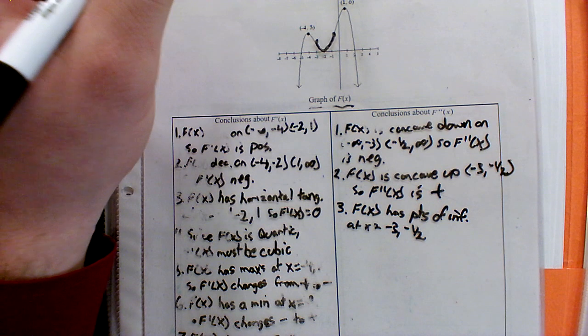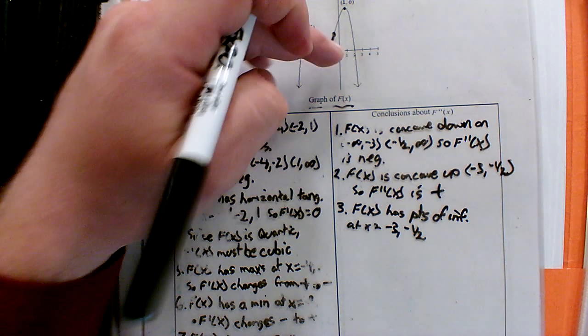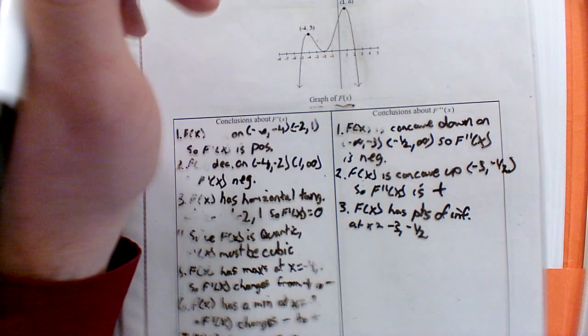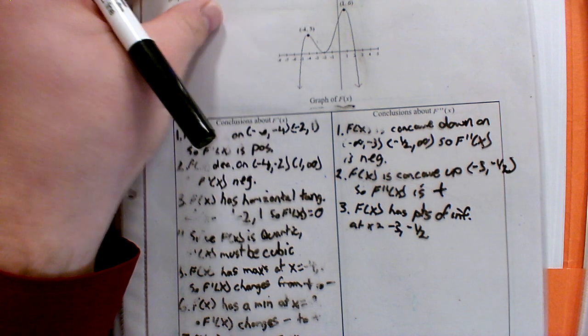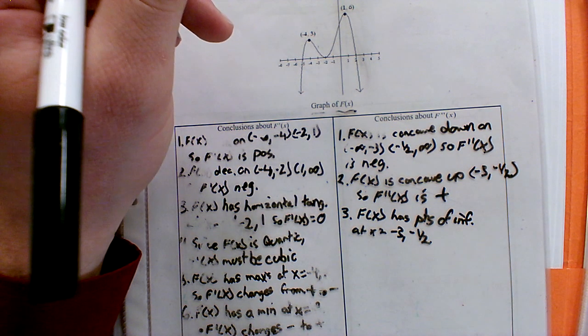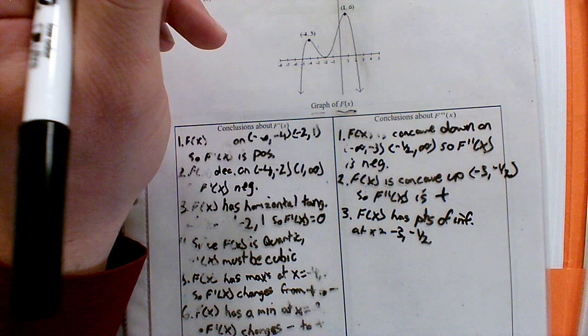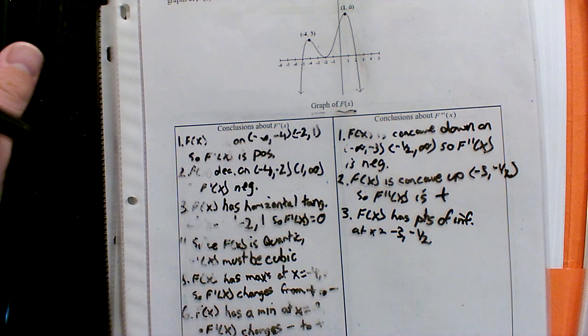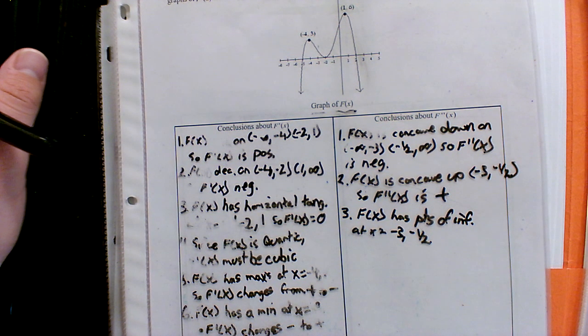Points of inflection happen where? Okay, between what though? That point is where the concavity changes. But you find it by doing what? Or looking where?